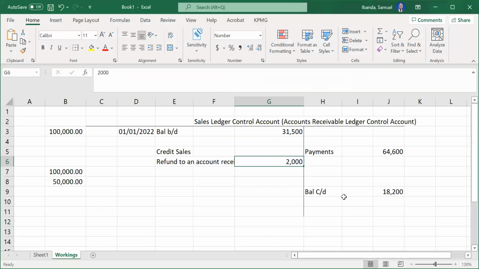Things like bad debts, things like returns. Let me ask, if we had returns, customers returning products, would that increase our value or reduce our value? What would returns do? Any volunteers? Returns reduce the amount.